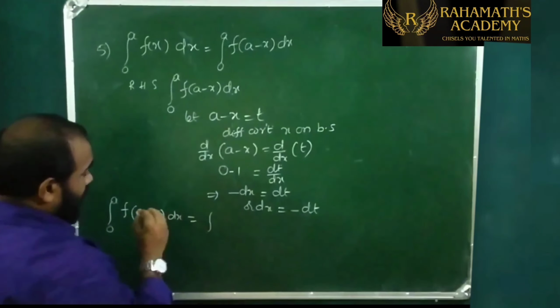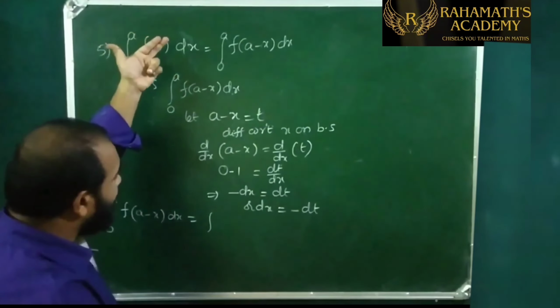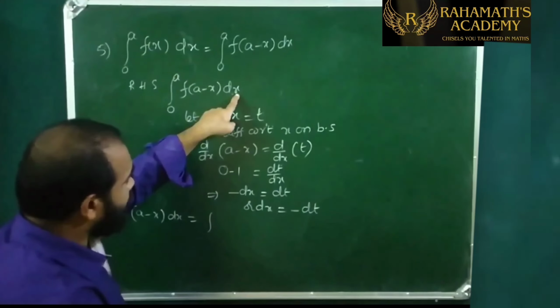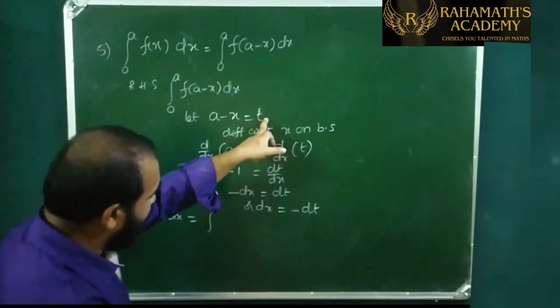Now 0 to a are the limits of the earlier variable of integration x. Now the variable of integration is changed to t.